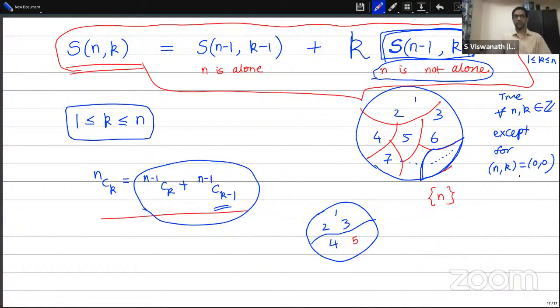Why? Because of the convention, both sides will turn out to be 0 if you are outside the proper region of definition. So that's something to check here. But what I want to point out is how one solves this recurrence. So let's use generating functions again.